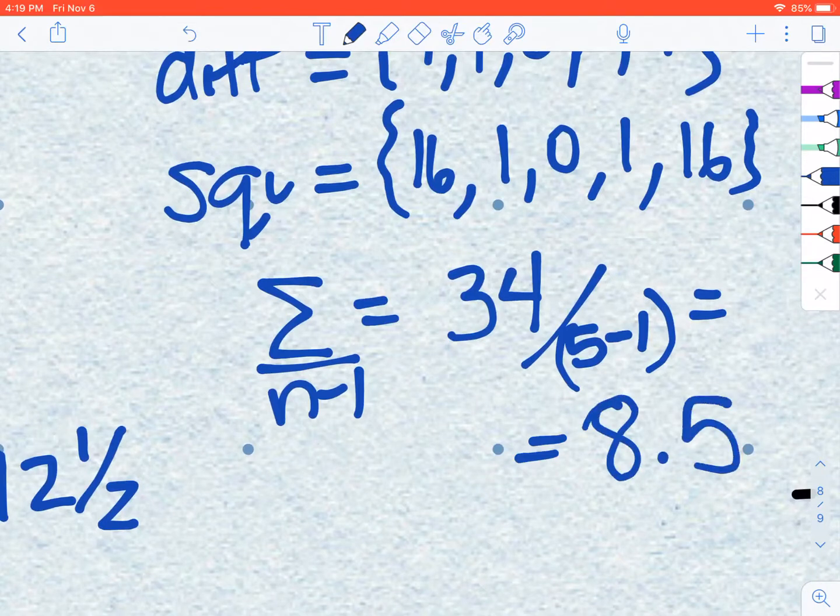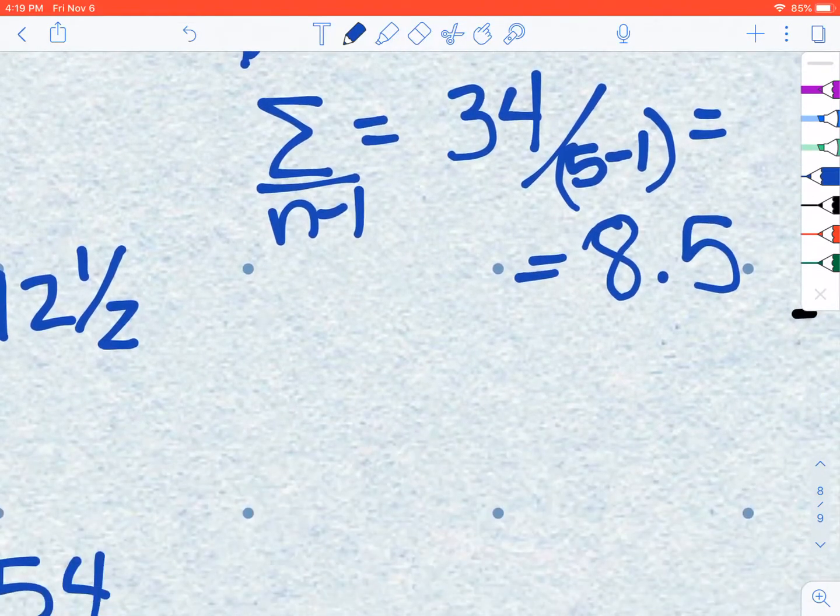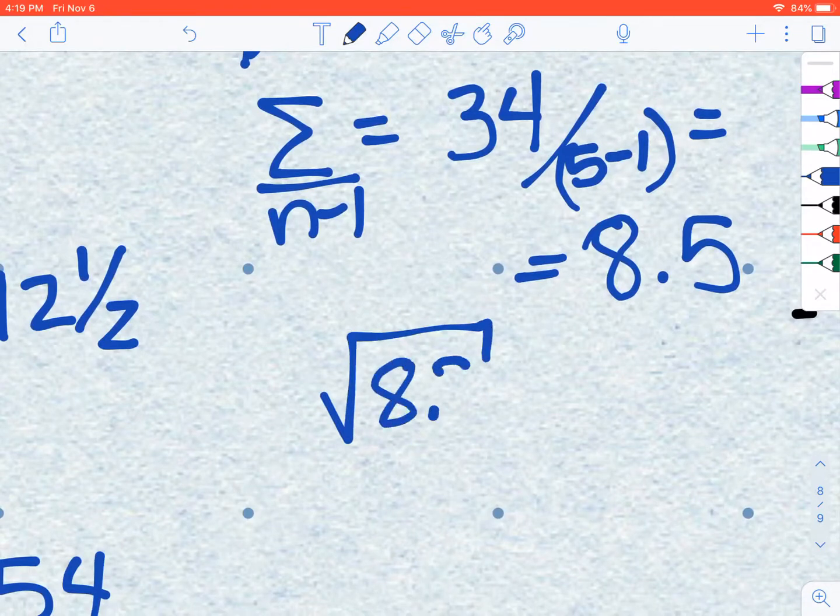And finally, we're going to take a square root of that. So what is the square root of 8.5? And again, we're not going to get a nice number. It's okay. We're just going to round off our answer. And we get 2.91. 2.92 actually. Again, we got to round that up.